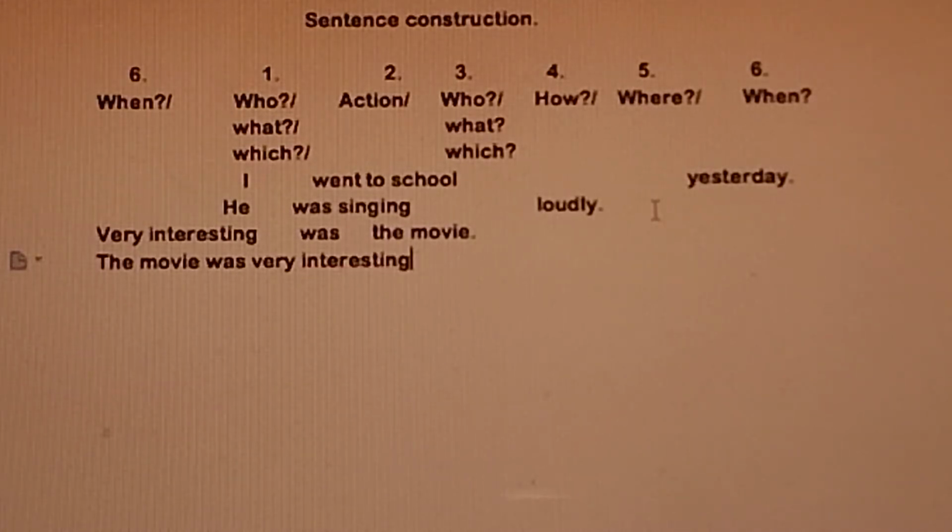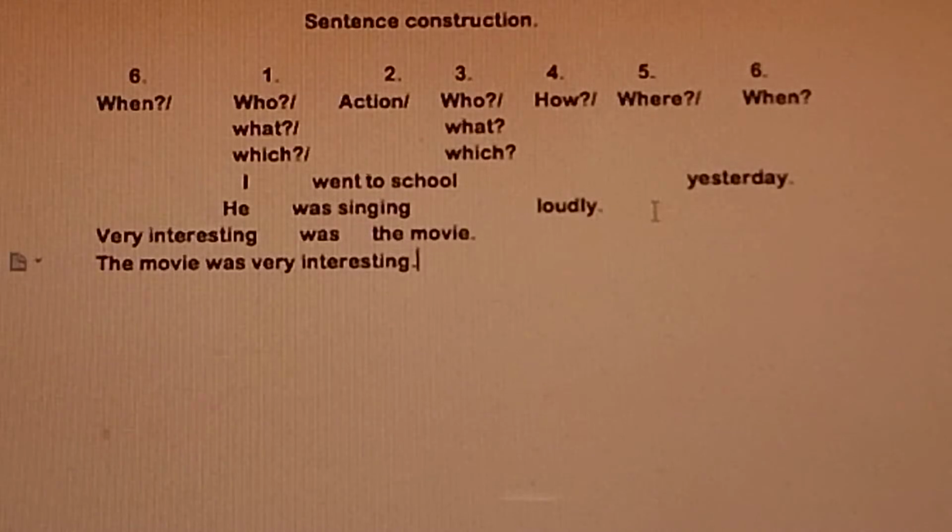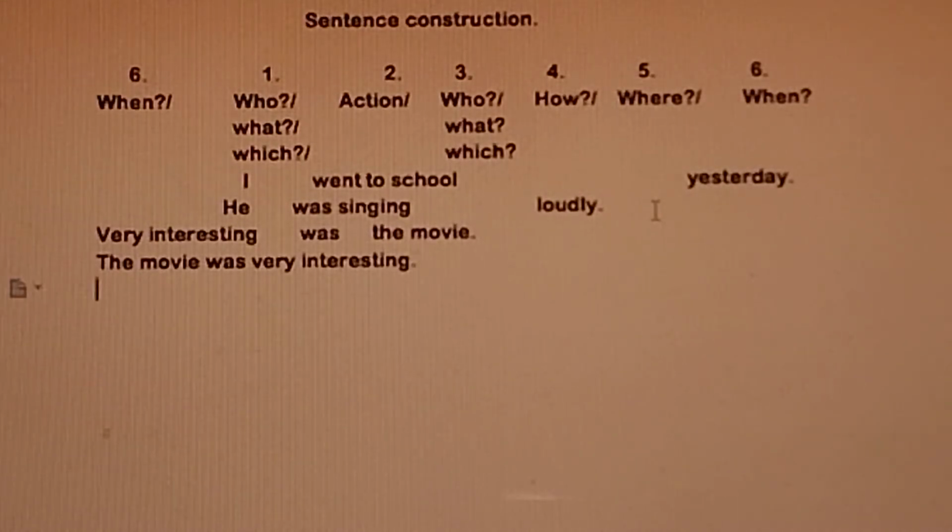Very interesting. So we said the movie was very interesting. What? The movie. The verb here is was. How was the movie? Very interesting. If you can ask yourself all these questions, then that means you can make complete sentences.